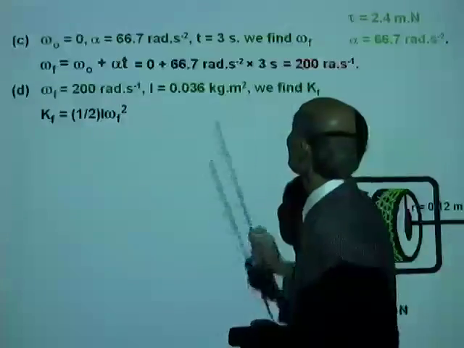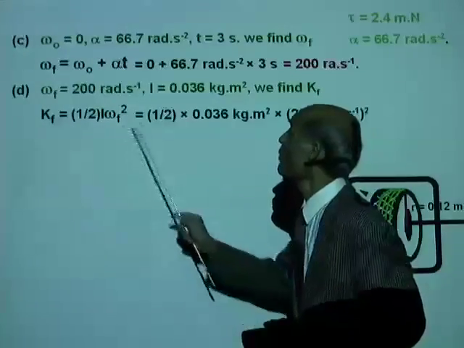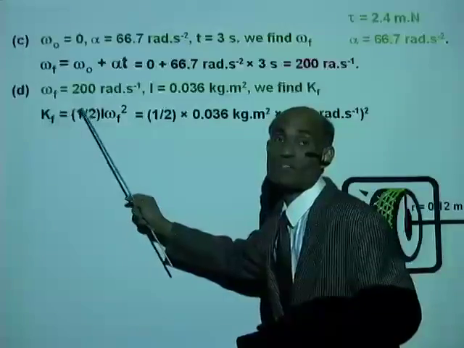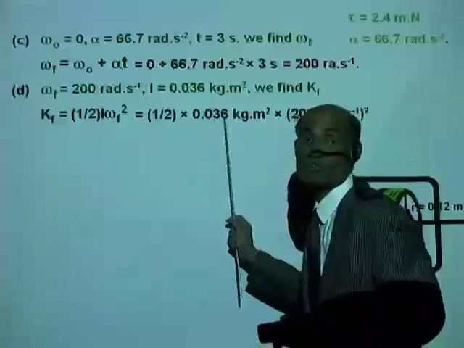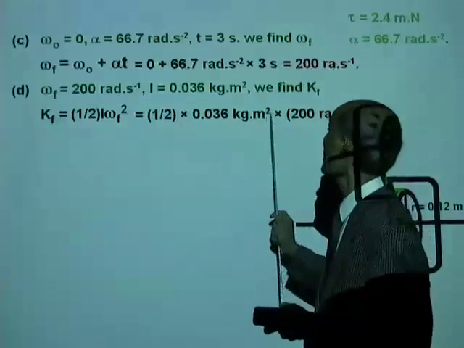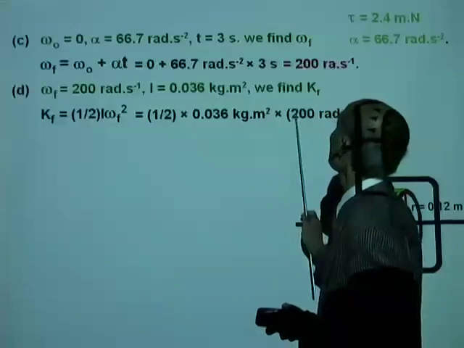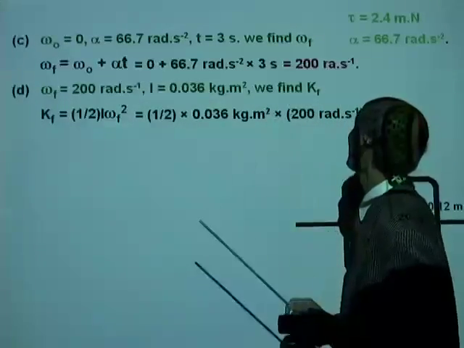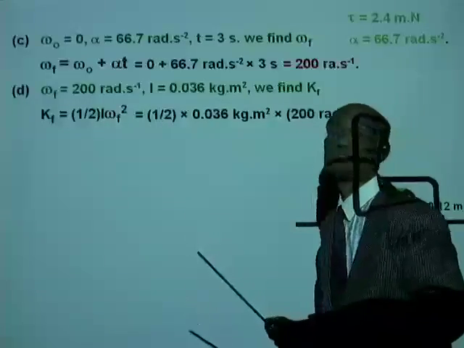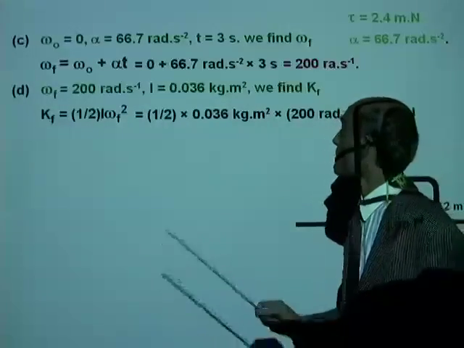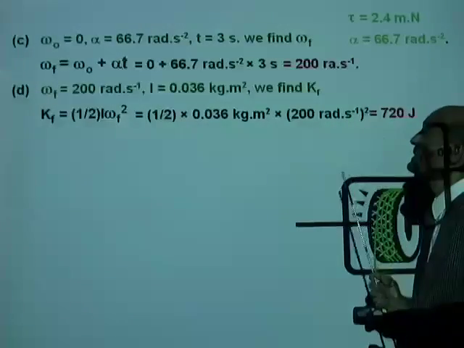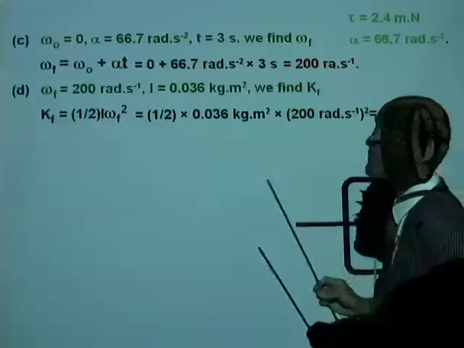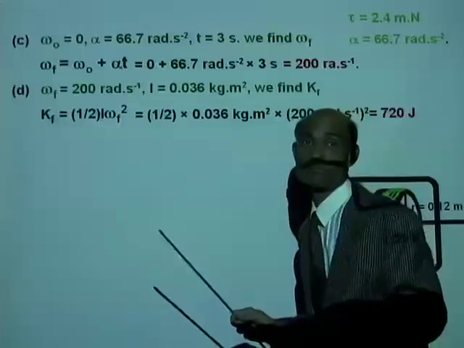Therefore, kinetic energy of rotation is 1/2 times I, 0.036 kilogram meter squared, times omega squared, 200 radian per second squared, and that is 720 joules, the kinetic energy after 3 seconds.